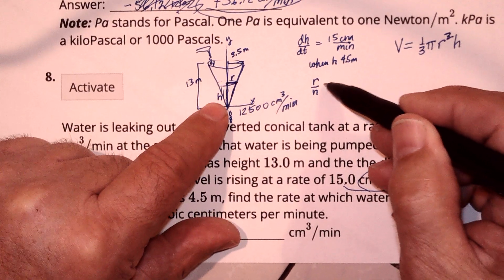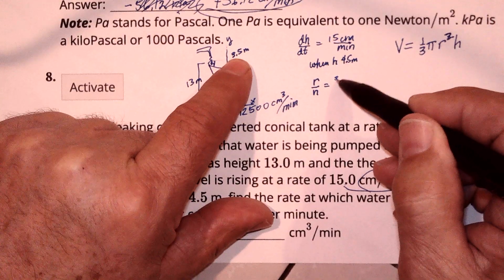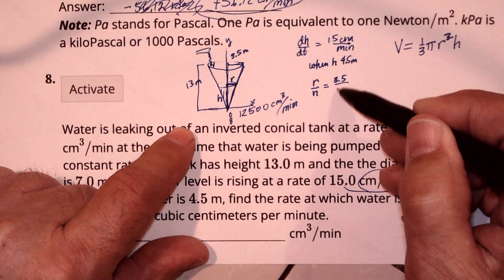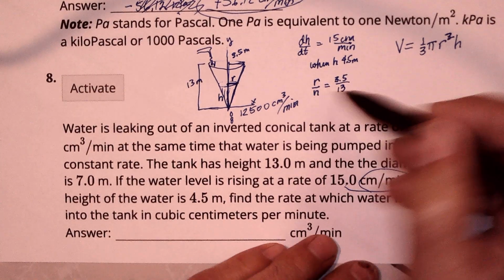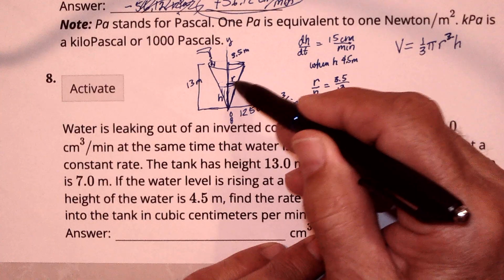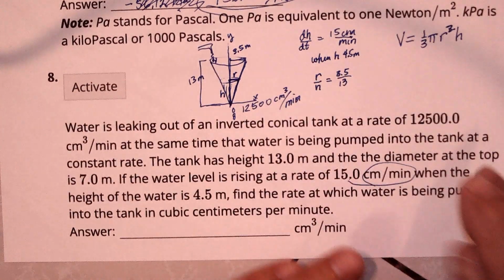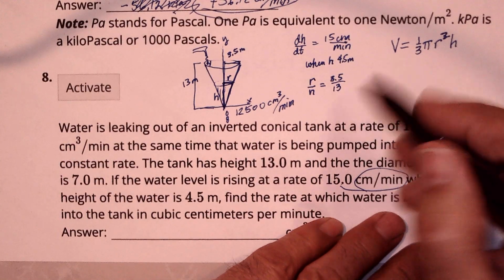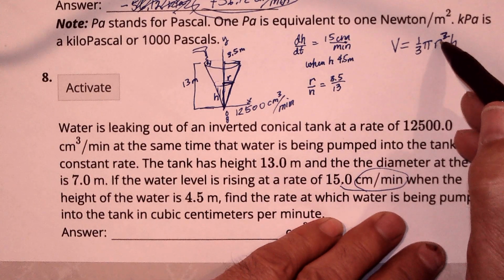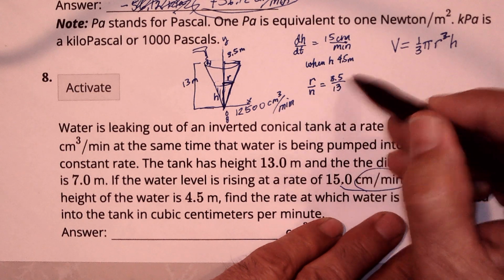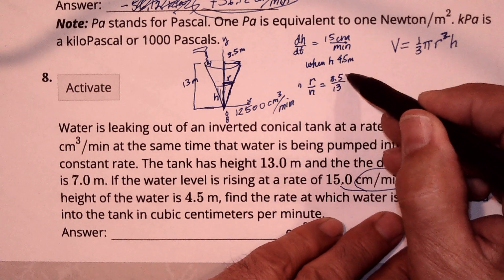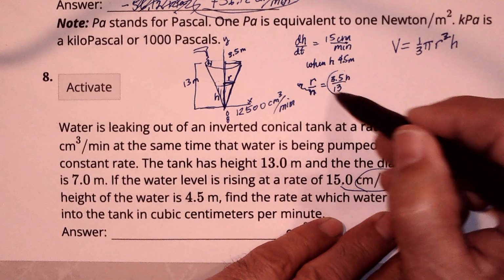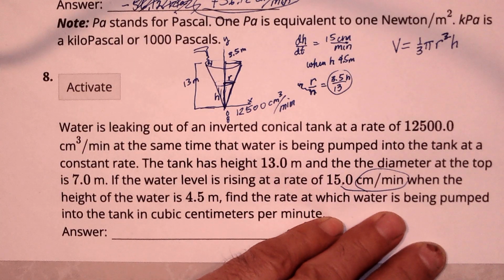R to H is in the same ratio as 3.5 is to 13, because this triangle is similar to this one. The cones are all proportional. So I need to get the R out of here. So R is equal to, if I multiply both sides by H, R is equal to that.